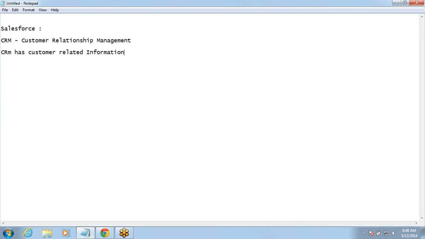So information which goes into CRM can be of different types, like the contact details of the customer, the transactions that you are having with your customer, the payment details, how much they have paid. Okay, the opportunities that you have from the customer, where you can do a possible sale to the customer, the products that they have purchased, the payments that they have to make, the queries that they have, or the cases that they have. So all information related to customers.